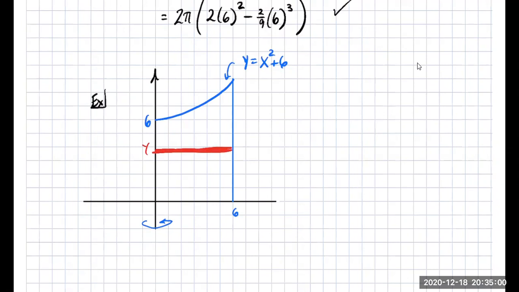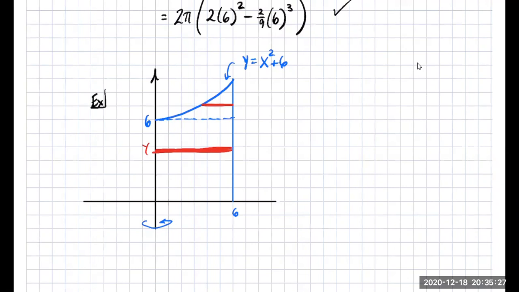But there's something else here. Notice that when you get to the 6, look at this. When you get beyond the 6, the rectangle would look like this. See what happened there?